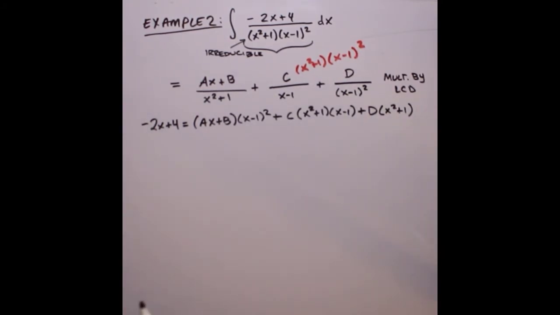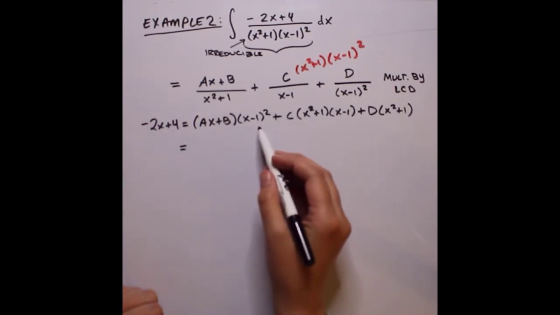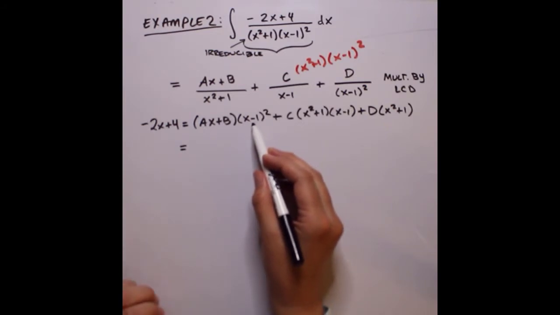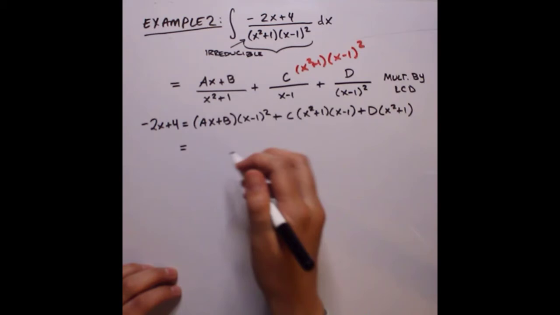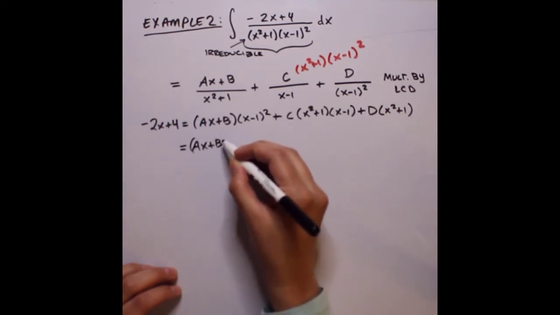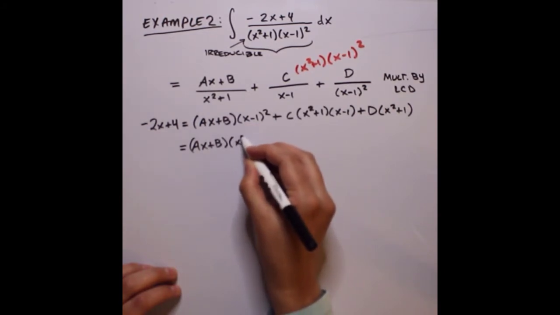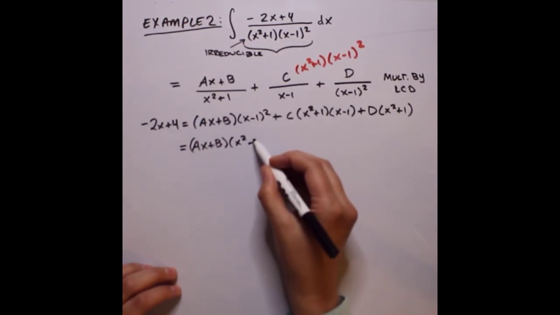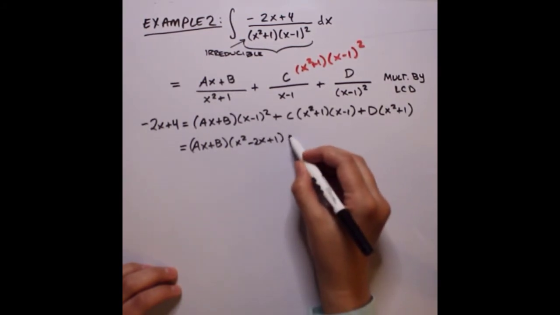Okay, so now let's keep going with our algebra. Let's start FOILing some stuff out. I'm going to focus on the terms with x in them first, as far as that came from our denominator, and then I'll keep FOILing. So ax plus b, if I square this out, this is going to be x squared minus 2x plus 1 from FOILing that out. Over here I have a plus c.